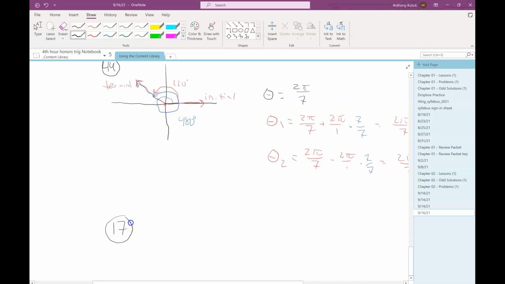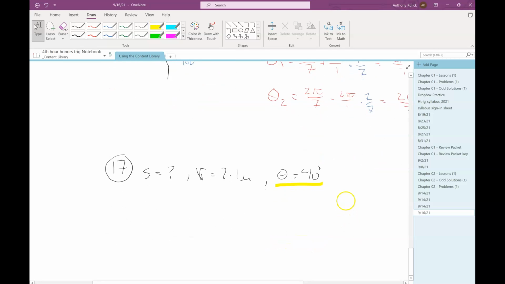Okay. So here, again, we don't know what S is. We know that R is 2.1 meters, and we know theta is 40 degrees.